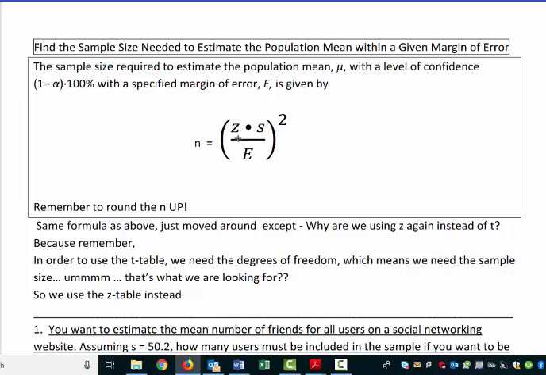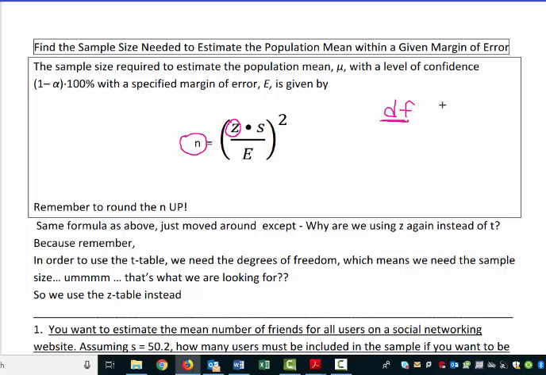Okay, problem with this is, notice, it has gone back to using the Z. Here's the reason. If we are looking for n, we cannot use the T-chart, because remember what the T-chart uses? The T-chart uses degrees of freedom to read it.